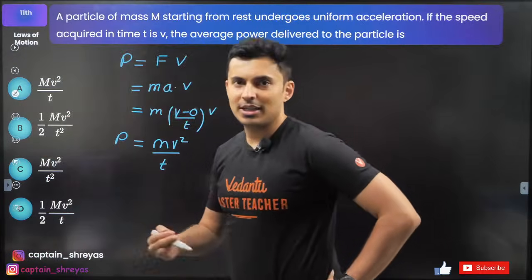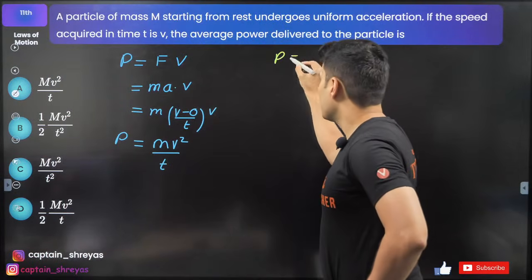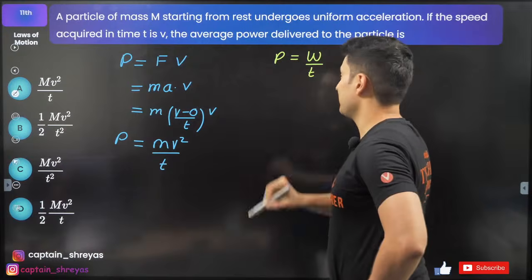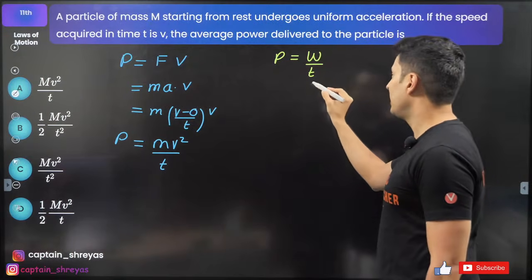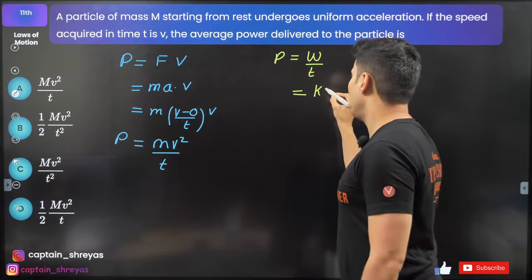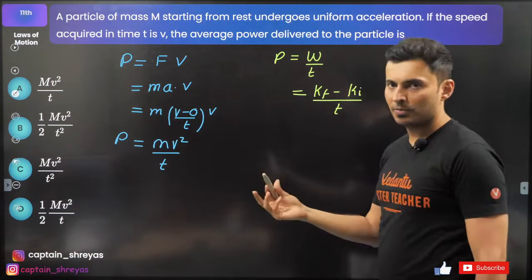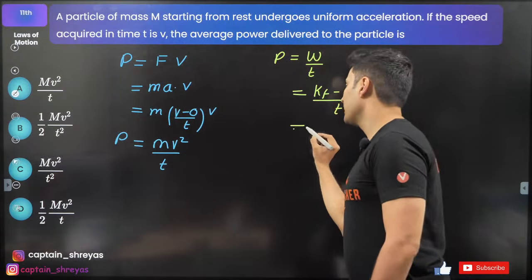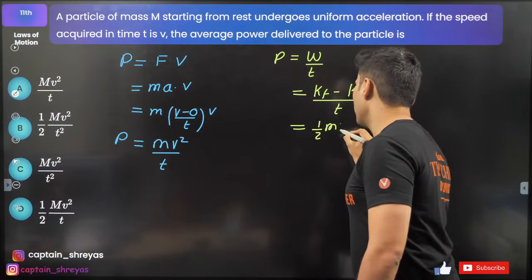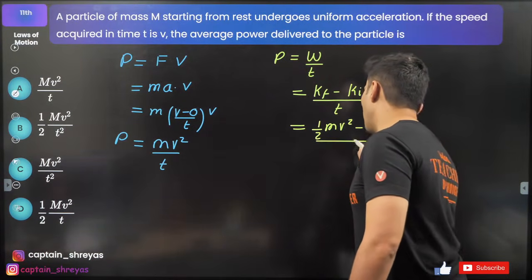Now let me show you something else. Power is also work divided by time. Work, by definition, is nothing but final kinetic energy minus the initial kinetic energy by the work-kinetic energy theorem, by time. Final kinetic energy is half mv square, initial is 0, upon time.